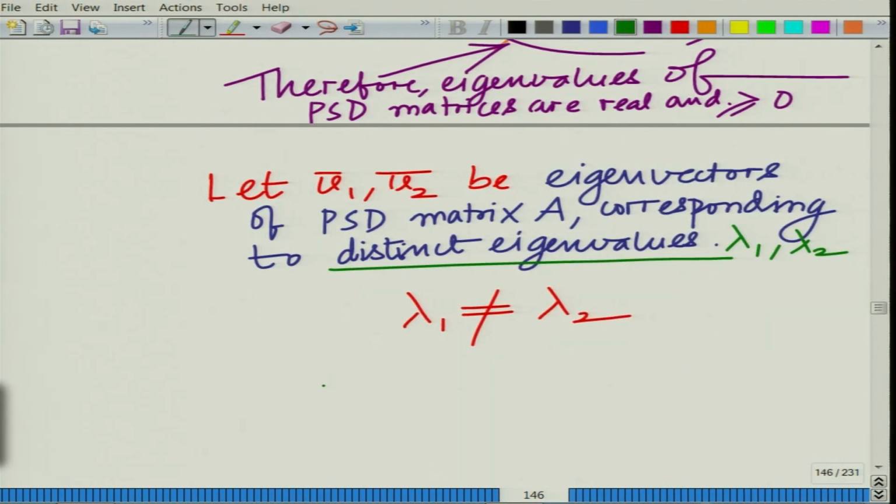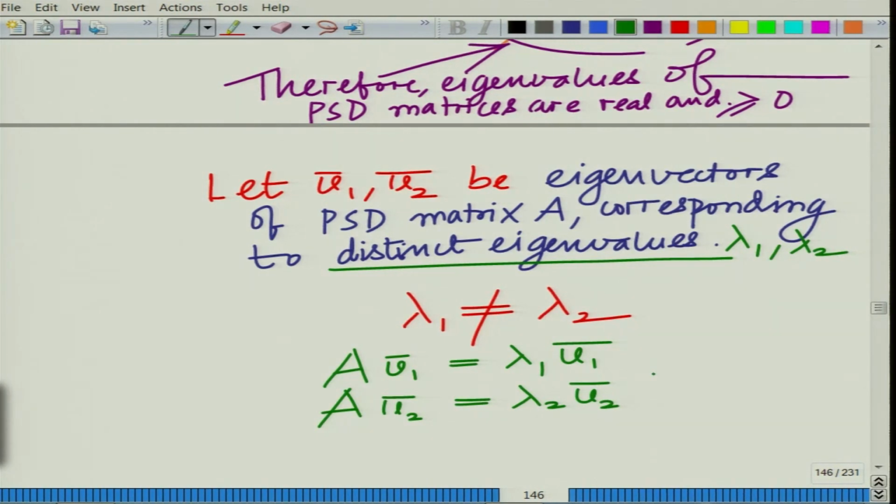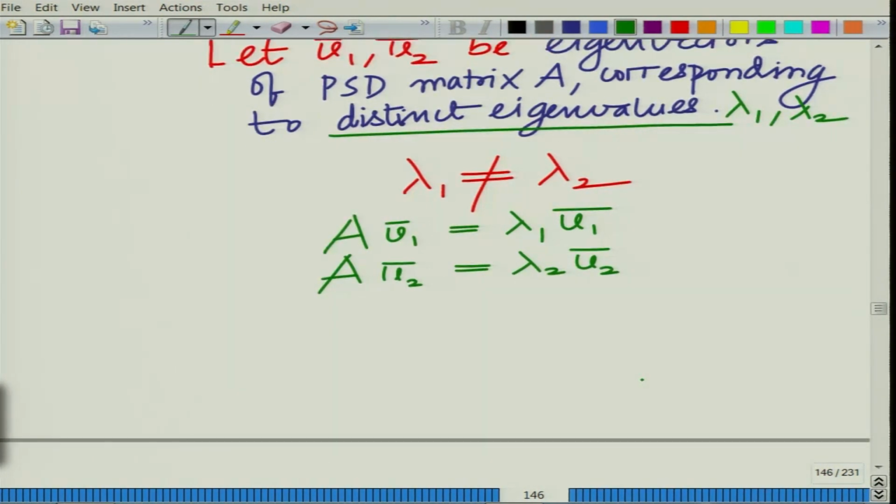These are eigenvectors, which implies A u1 bar equals lambda 1 u1 bar, A u2 bar equals lambda 2 u2 bar. Then what is the property that these eigenvectors u1 bar and u2 bar satisfy? We are going to see that these satisfy a very interesting property.